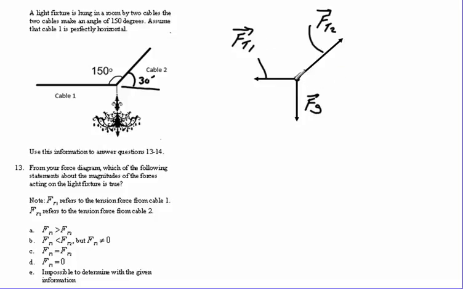We know we have to be balanced across the horizontal. So the horizontal component of this one, break it into the components here. Draw that a little better. These are the two components.